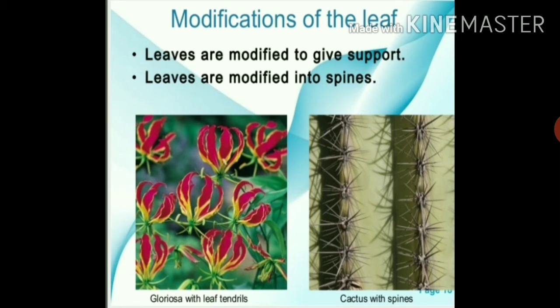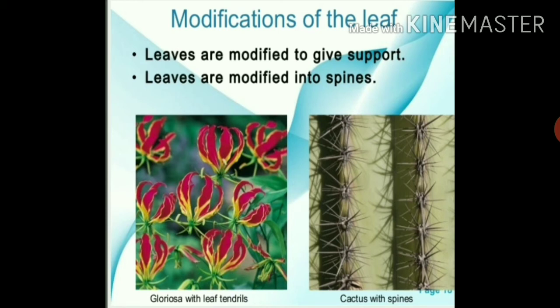So some modified leaves help the plant in climbing, as in the pea plant. The leaves get modified into thread-like structures called tendrils. Tendrils coil around any support and help the plant to climb. About tendrils, I already explained to you. So I hope this is clear to you.